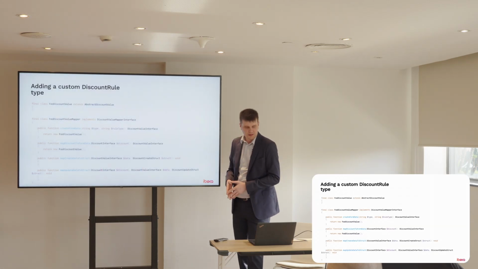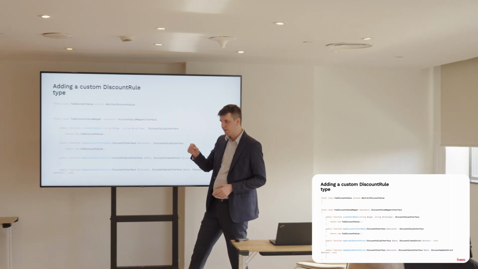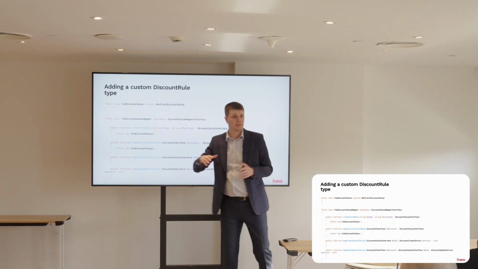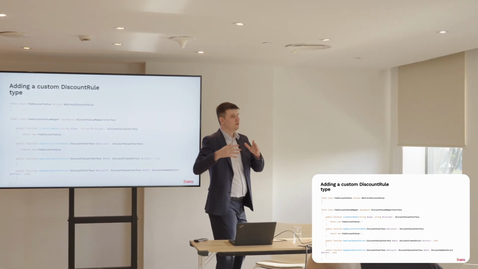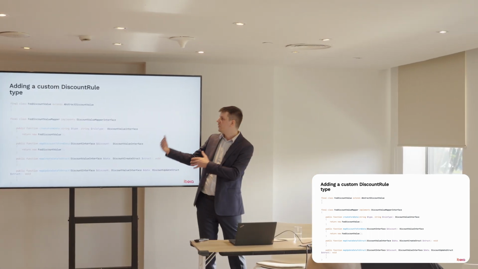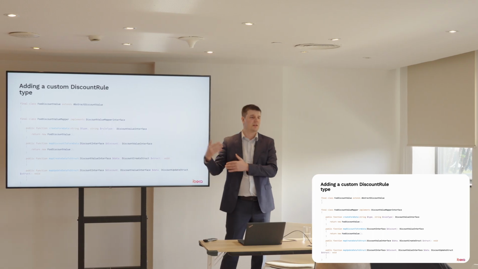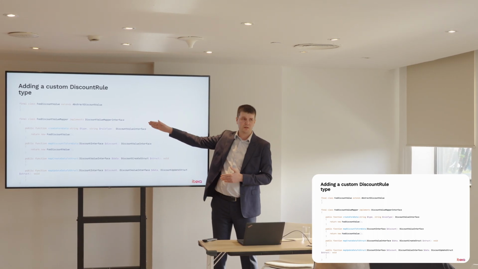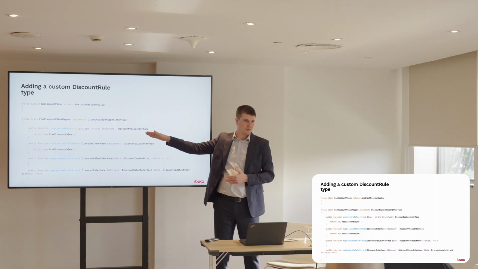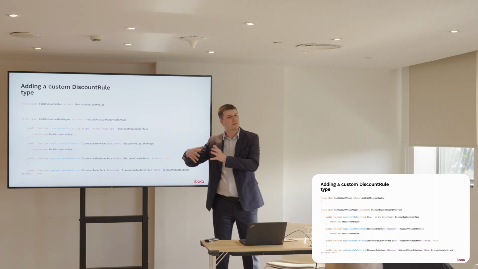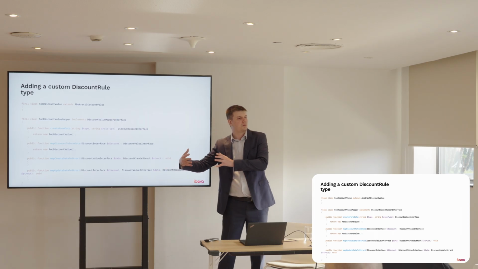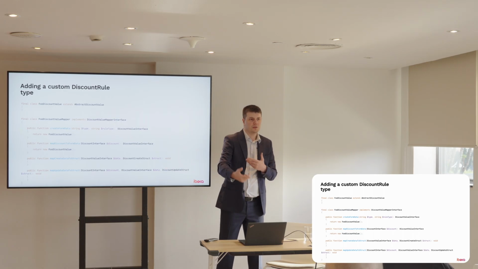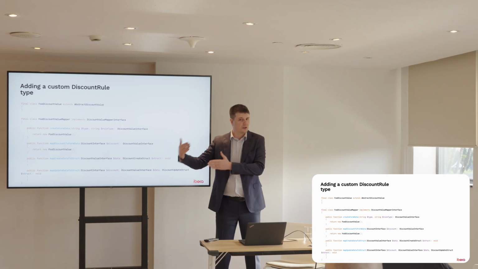Since I'm not really introducing anything concrete, I created a full discount value, because whenever you introduce a new rule type, you will need to have something that will contain the data for that rule, right? In this case, it's empty, but that should never be the case, because you will almost always need something additional to add to the rule. For example, if you have a fixed amount, you need to say how much of that fixed amount.